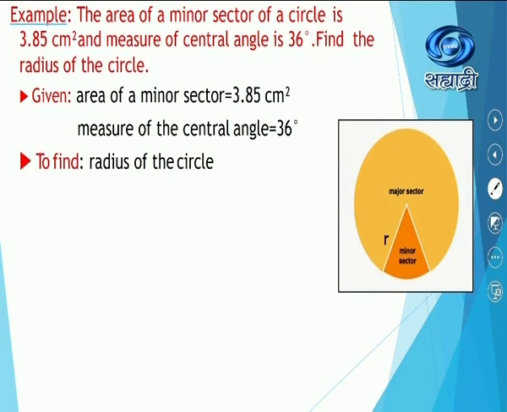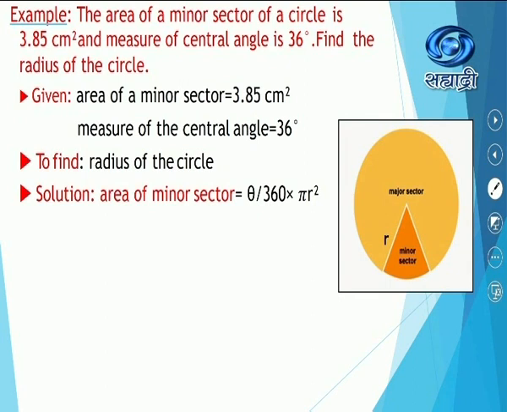You have to find out the radius of the circle. Now you know that area of a minor sector is equal to theta upon 360 into pi r squared. Therefore, 3.85 is equal to 36 upon 360 into 22 upon 7 into r squared.